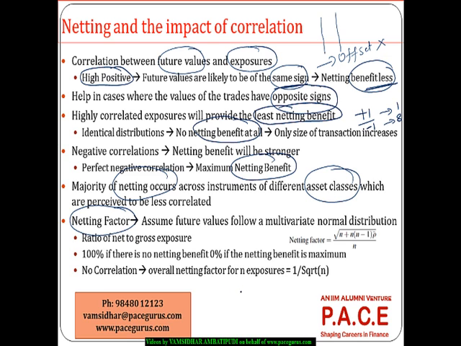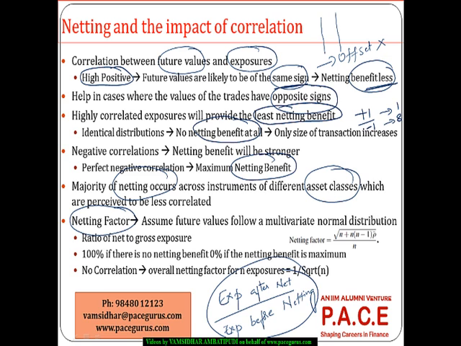So this is nothing but exposure after netting versus exposure before netting. It tells me whether netting is really bringing down the exposure or not. That is what we call a netting factor.